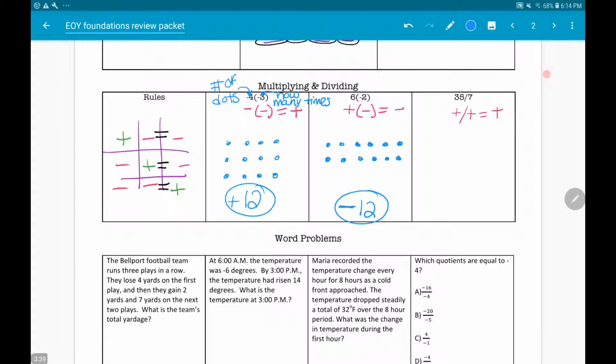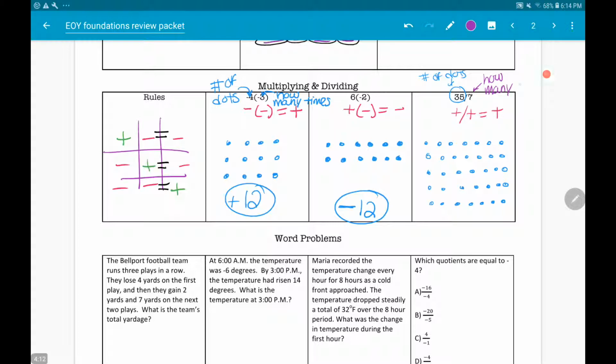Okay? When we are dividing, this number is still the number of dots. So I have 35. Alright, and this number, the second number, is how many times I can split it.